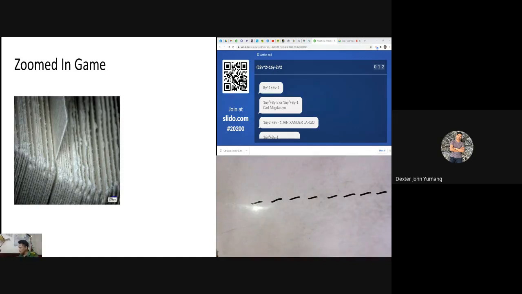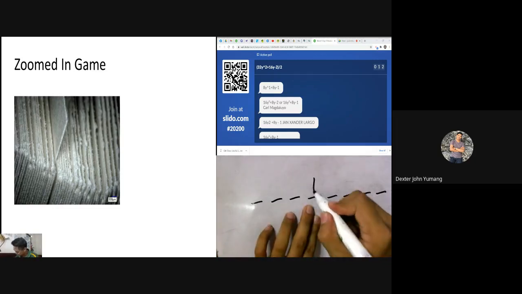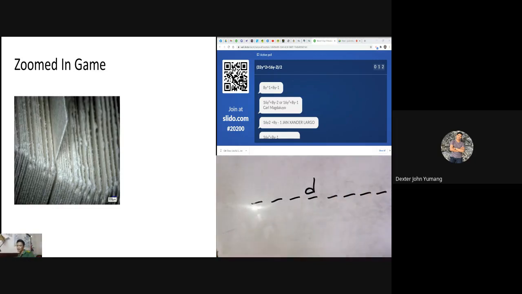Okay. It starts with letter D. Okay, that's letter D. Next clue is, it is very dry. Once it gets wet, it can no longer be used.